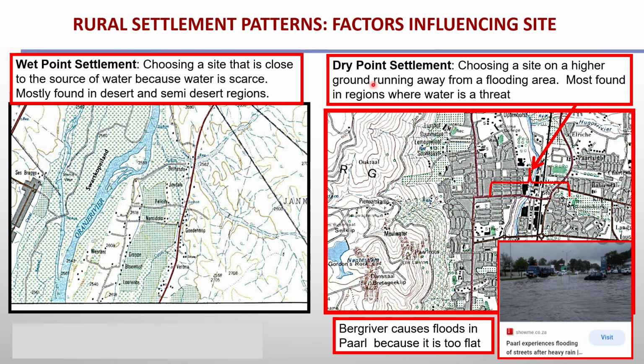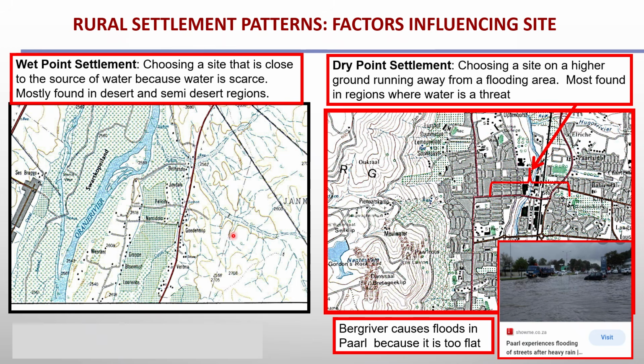Now, remember we spoke about water being a site factor. But if water is scarce, if the area is dry, it only makes sense for people to settle close to a water source if it is dry all over. Here they are saying wet point settlement: choosing a site that is close to a water source because water is scarce. Here you can see we have a lot of non-perennial rivers.